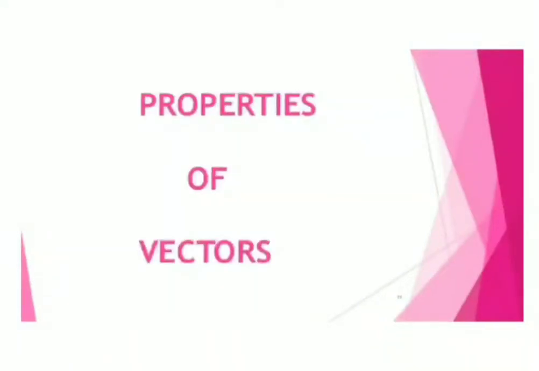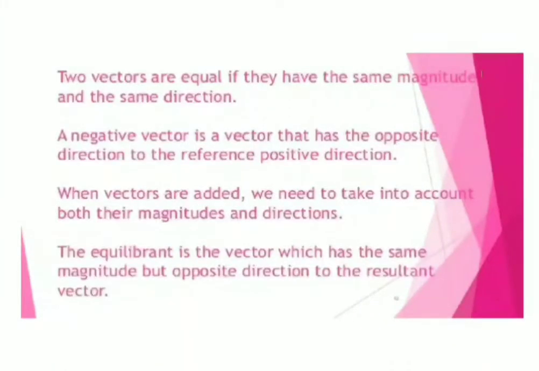Now we're going to talk about the properties of vectors. Let's try to understand the different properties of vector quantities one by one. First, two vectors are equal if they have the same magnitude and the same direction.